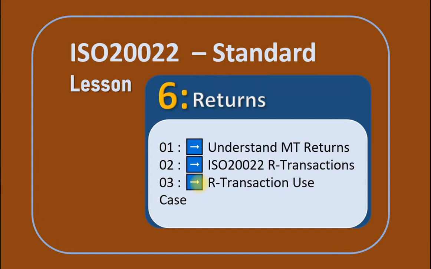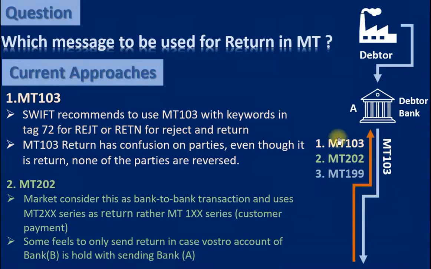So let's start with first understanding the MT returns. The very important question that comes up in the MT world is which message to use for the return of a transaction. Let's suppose the debtor has requested the debtor bank to forward something to the outer world. Then the debtor typically sends MT103 to initiate this transaction.